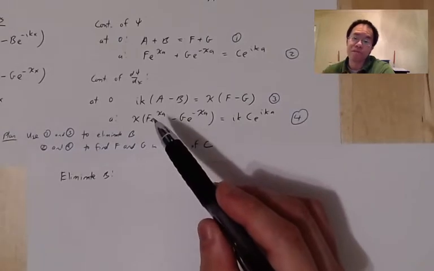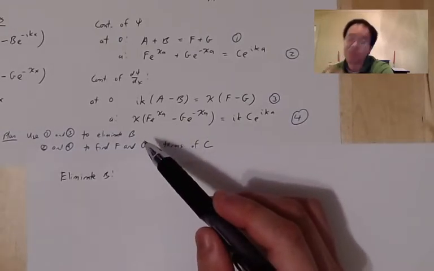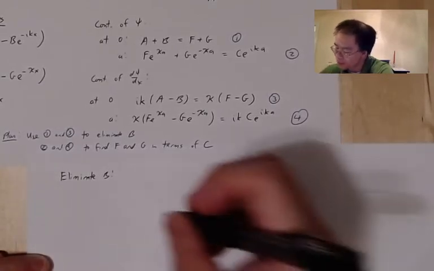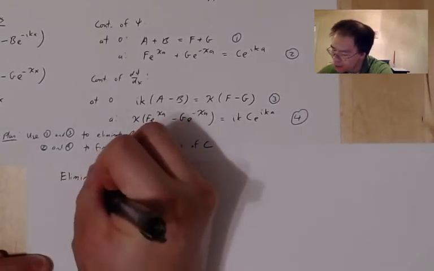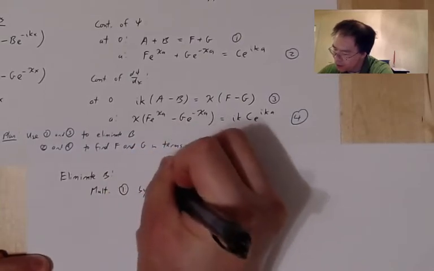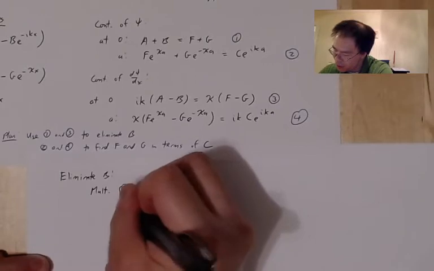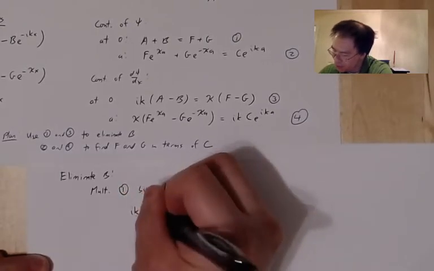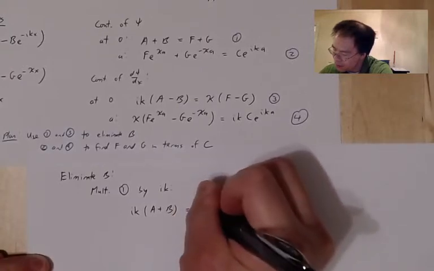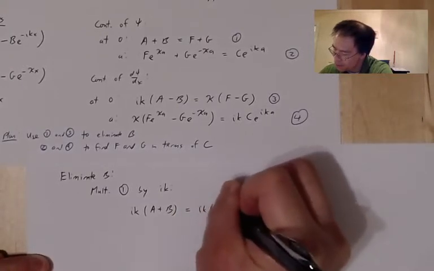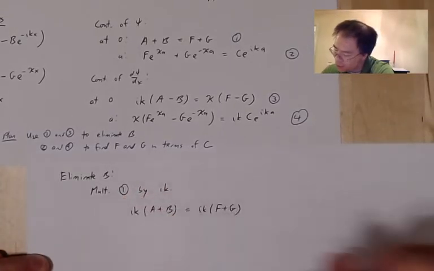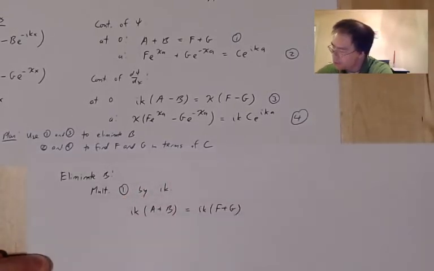I'd be able to just cancel out the ikb's. So that's what I'll do. If I multiply 1 by ik, this gives me ik(a + b) = ik(f + g). And then now if we just add 2, right?